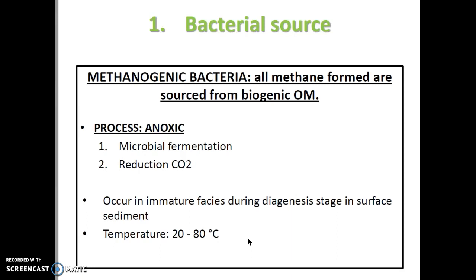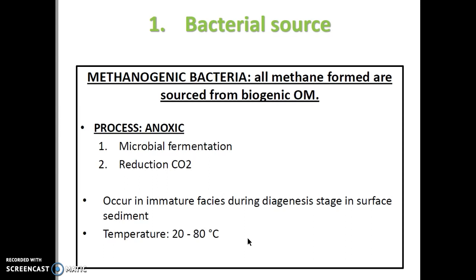Methanogenic bacteria here refers to all methane that is formed or sourced from biogenic organic matter. This process usually occurs in immature species or during the diagenesis process, and it is formed at the surface at standard temperature and pressure, within 20 to 80 degrees centigrade.